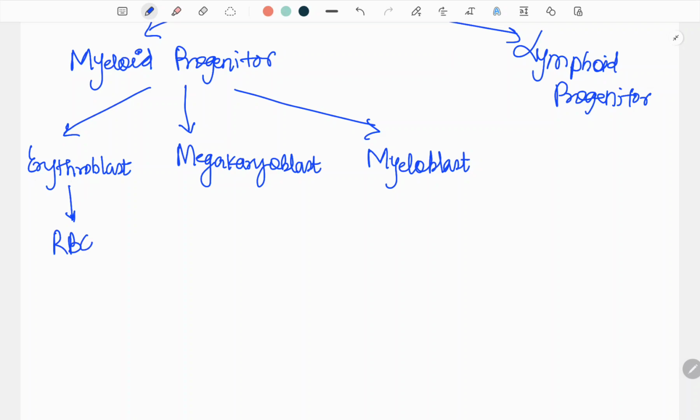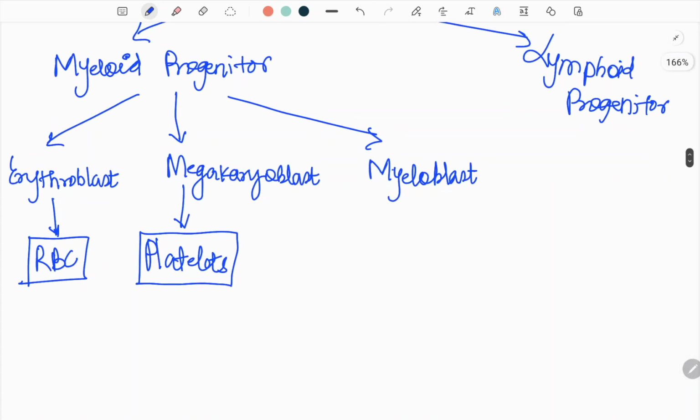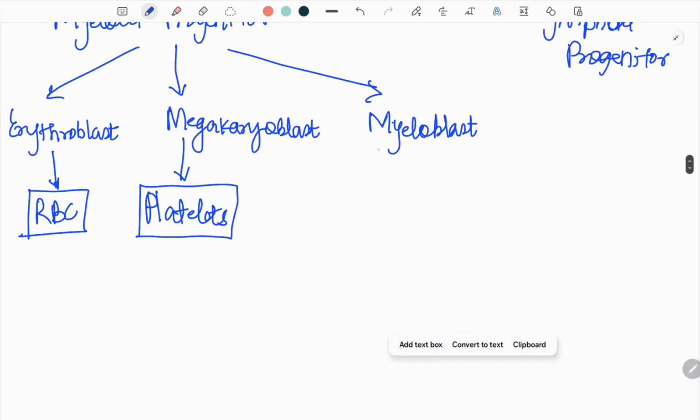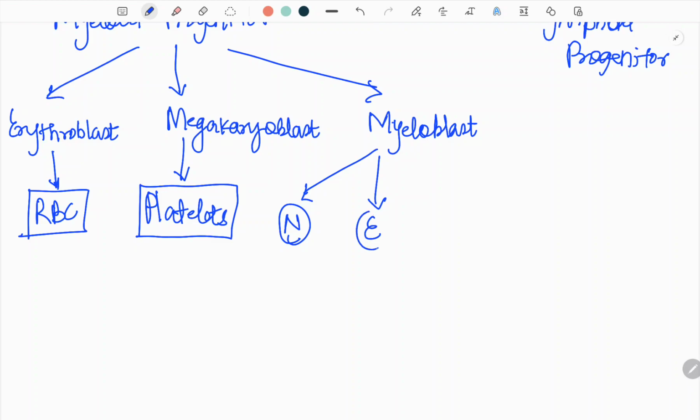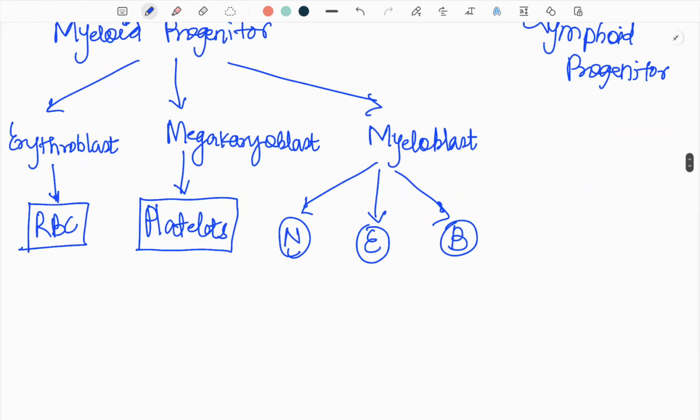As the name suggests, erythro means erythrocyte, RBC. Megakaryoblast will form platelets. Myeloblast will form neutrophil, eosinophil, basophil, and monocyte.